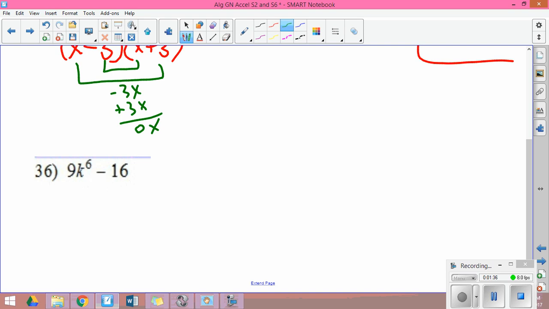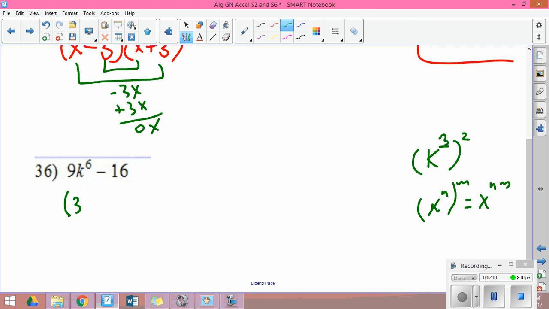We can have perfect squares that have coefficients in the front and powers that are higher than 2. So 9 is a perfect square. And if I think about, I'm going to pull the k off here to the side, k to what power squared would still be 6? Well, remember, x to the nth to the m, we multiply power to a power.